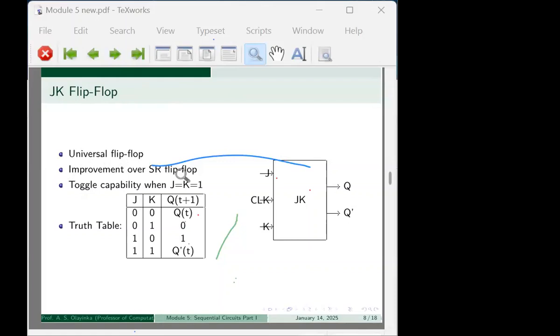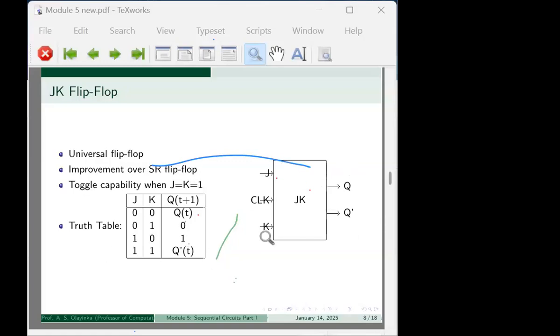It's more common, and it's useful for toggle operation. What do we mean by toggle? Just like a switch, a toggle button. If it's 0, it can change it to 1. If it's 1, it can change it to 0.